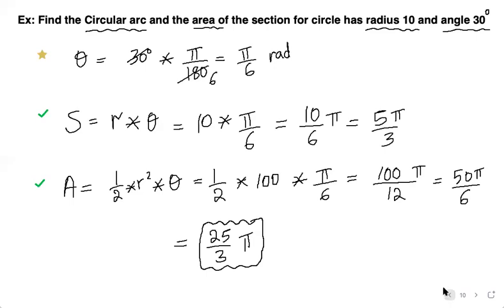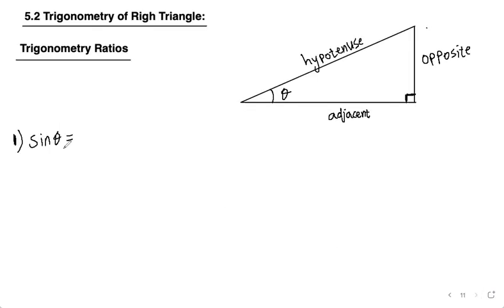Anyone can remind me what is the meaning of sine of theta? So the sine of theta always equals the opposite side over the hypotenuse.